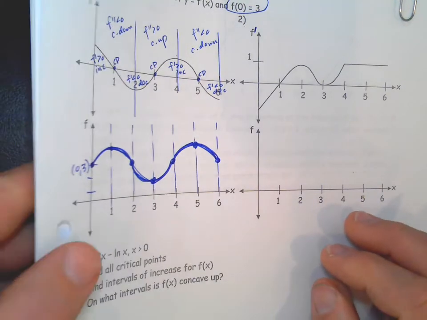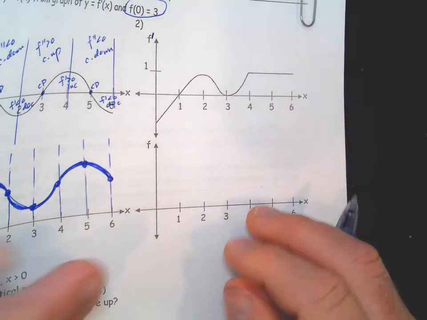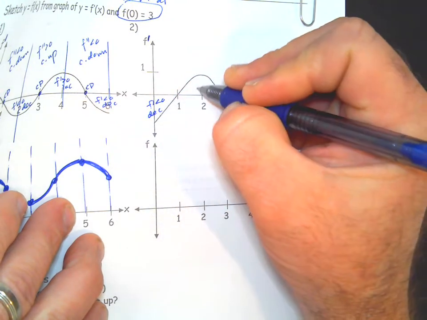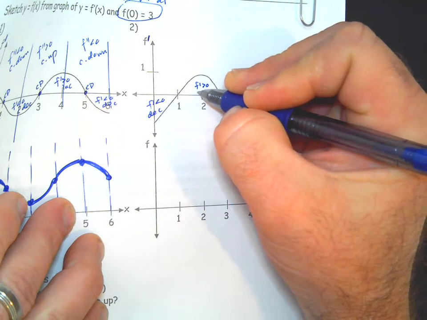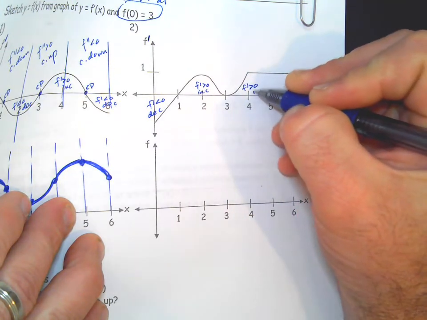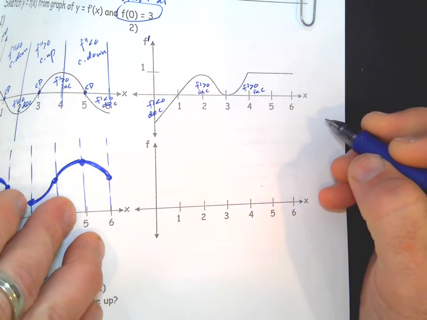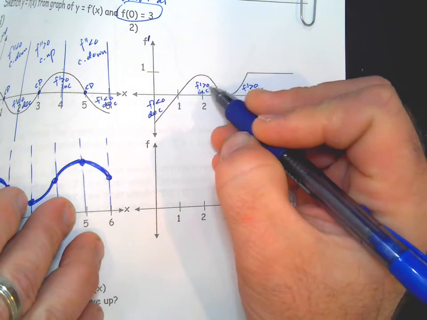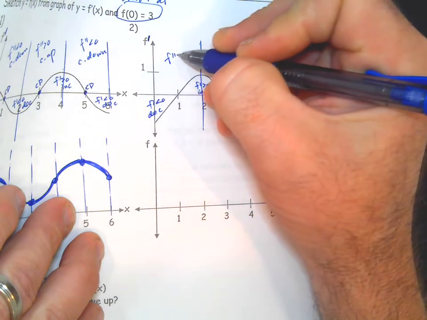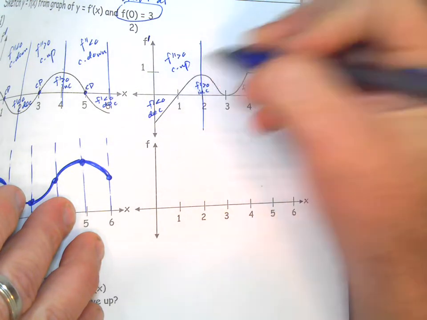Okay, next one. F prime is negative, decreasing. F prime is positive, increasing. F prime is positive, increasing the whole rest of the way. So the graph goes down a little bit and then it goes up the whole rest of the way. Concavity: f double prime is positive, concave up.